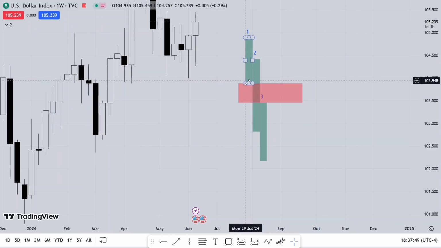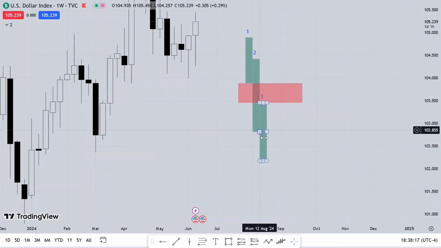The imbalance consists of three candlesticks, and this is for a bearish imbalance, where the high of candle number three does not trade to the low of candle number one.